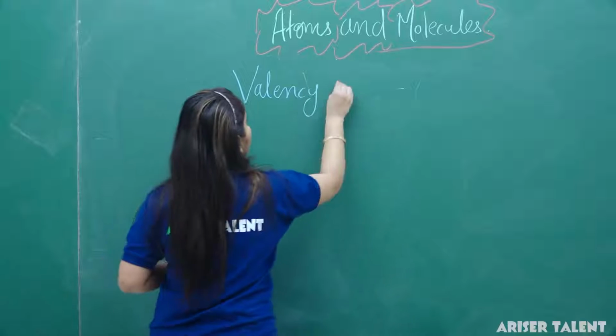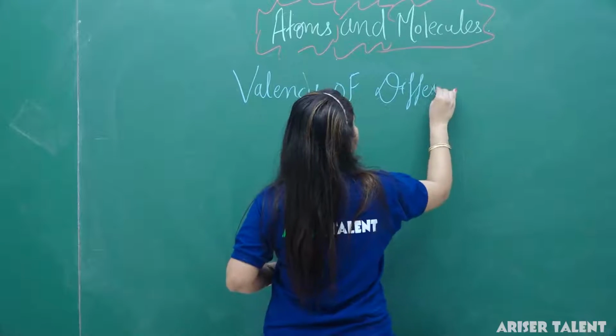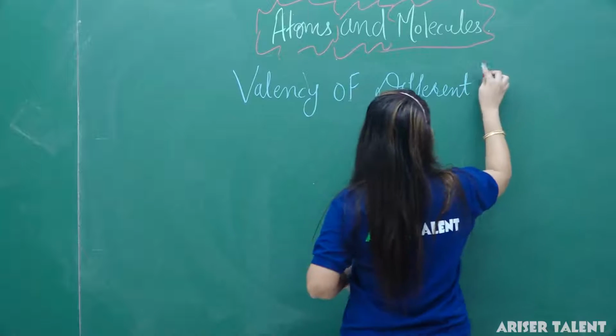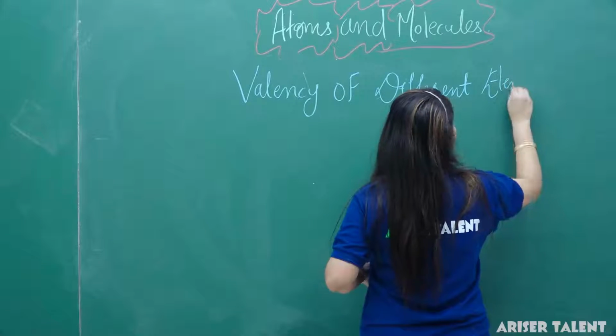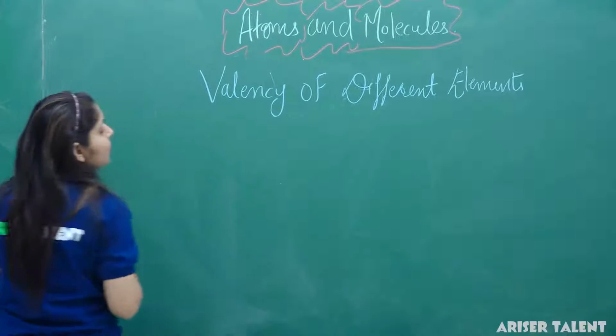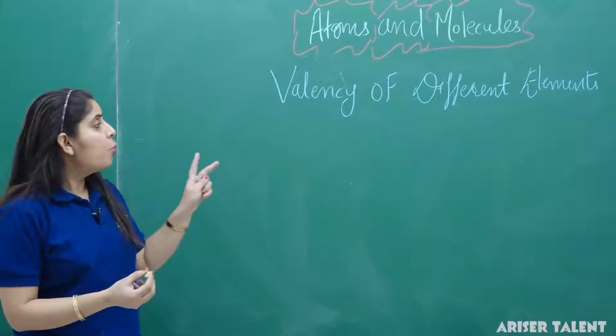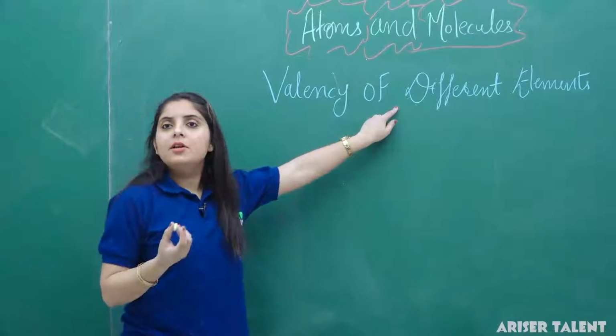Now we have the valency of different elements. In valency we have certain types of elements, that is metals and non-metals, both categorized in the category of different elements.